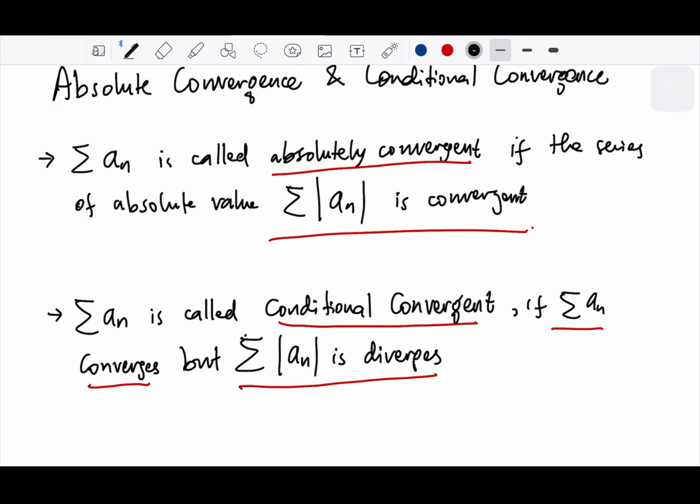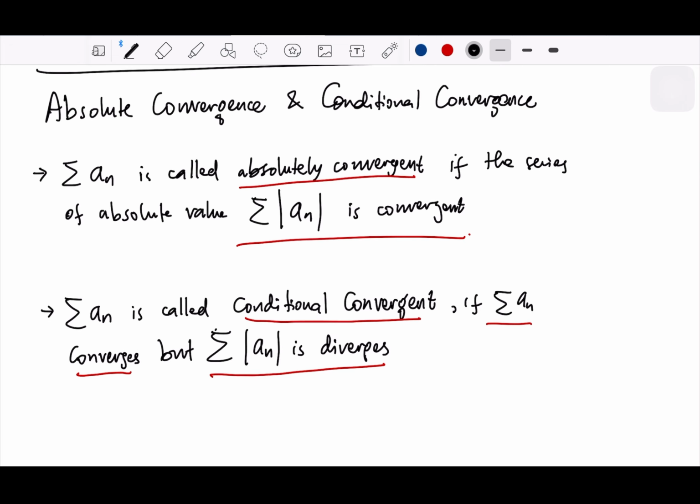And if it is absolutely convergent, then the series, of course, will be convergent. Let me add more notes here to make sure that this is the conclusion.